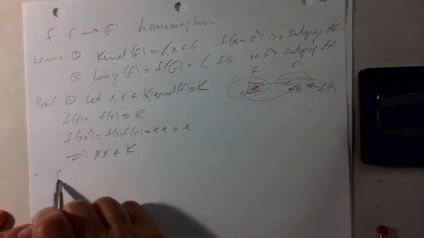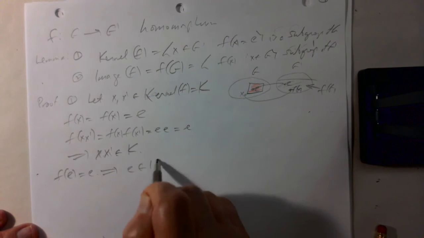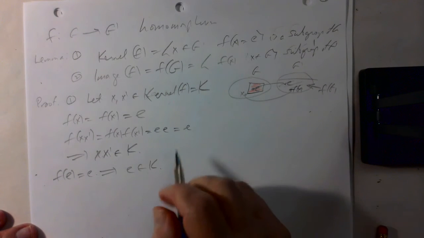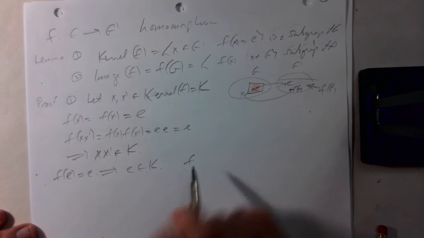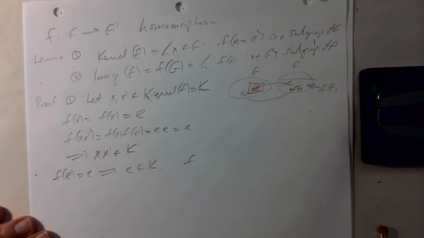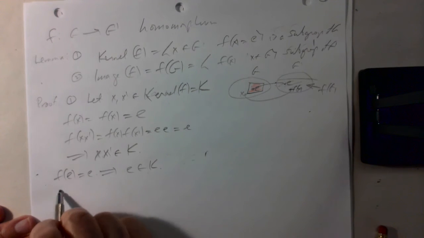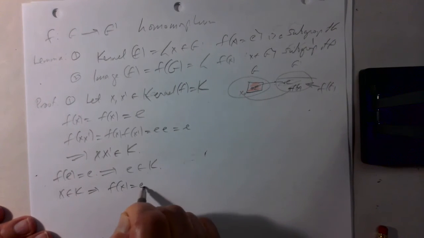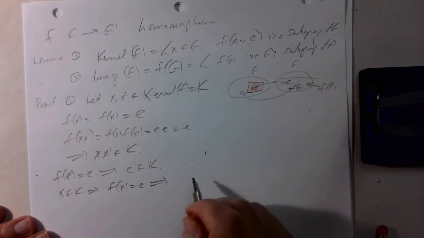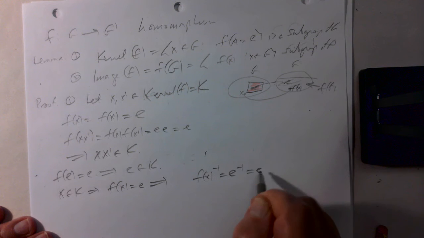We know by what we just proved that f of e equals e. So the identity is in the kernel. And if x is in the kernel, that implies f of x equals e, which implies the inverse of f of x is the inverse of e, which is e.